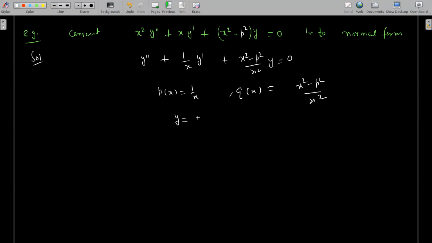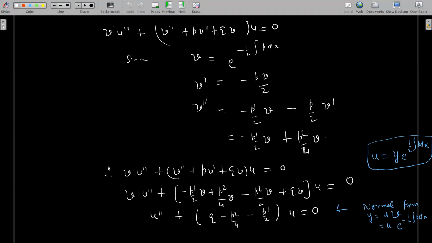So we make the transformation y equals to uv with v equals to e to the power minus 1/2 integral p dx. Now what is p? 1 by x, the integral will give log, so v is 1 by √x. Can you complete it?